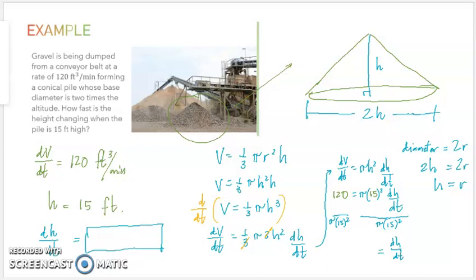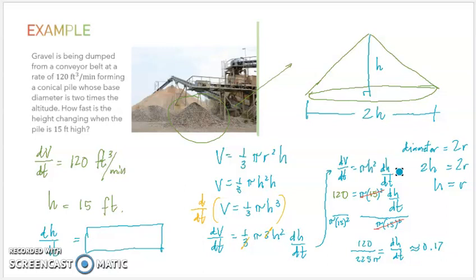Okay, so canceling this out. So that's 120 over 225 pi. And that is approximately 0.17.